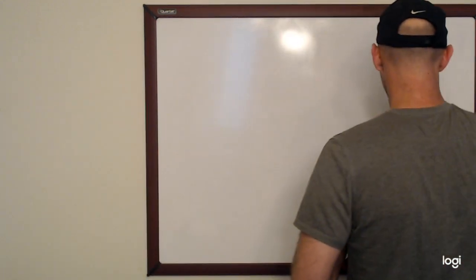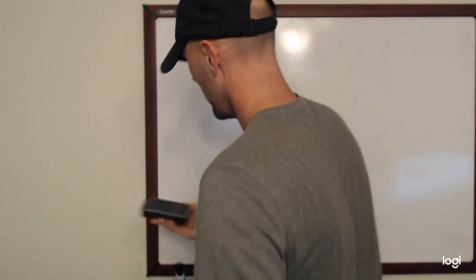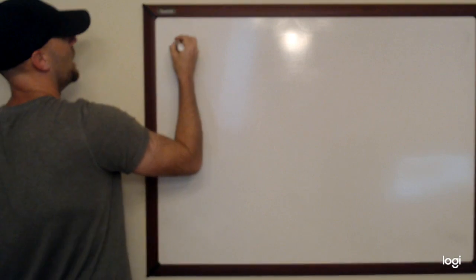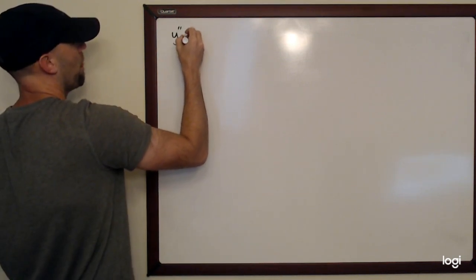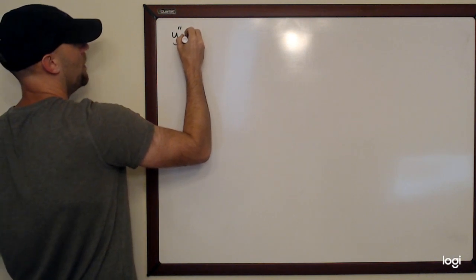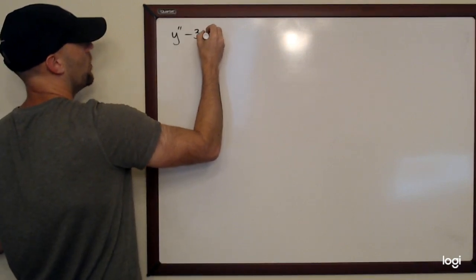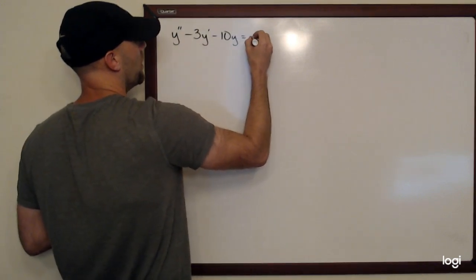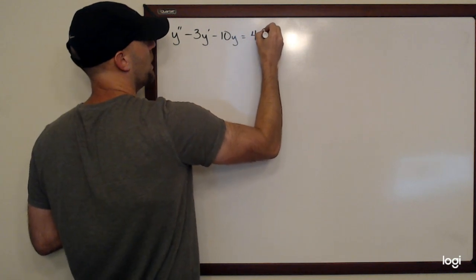Okay, so let's look at, let's say, y double prime minus 3y prime minus 10y equals 4e to the 3x.